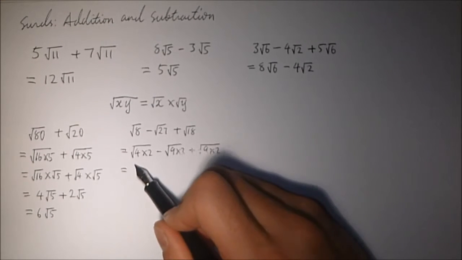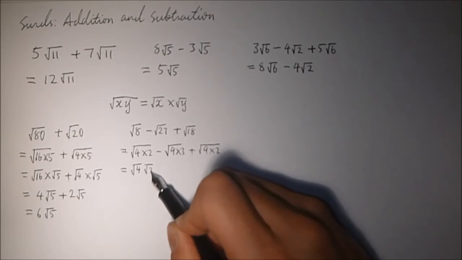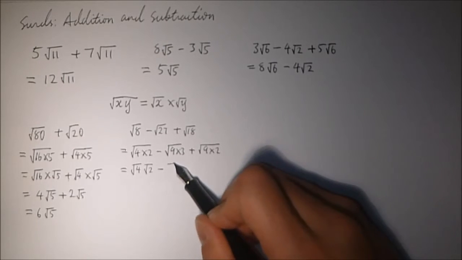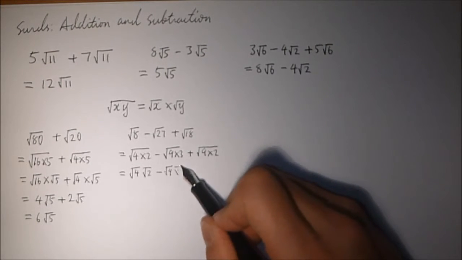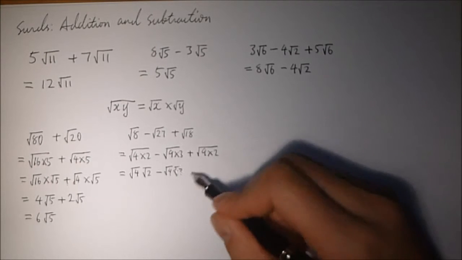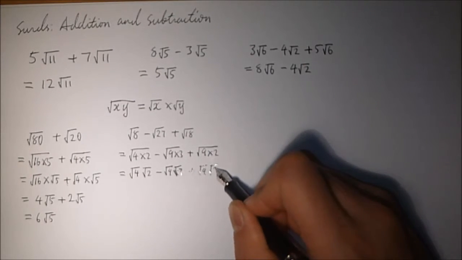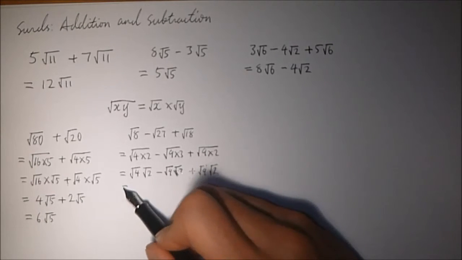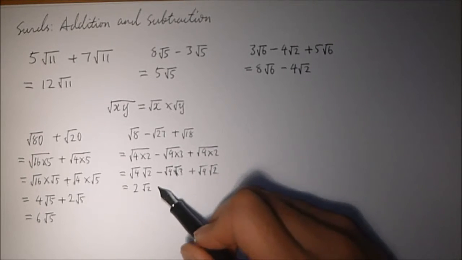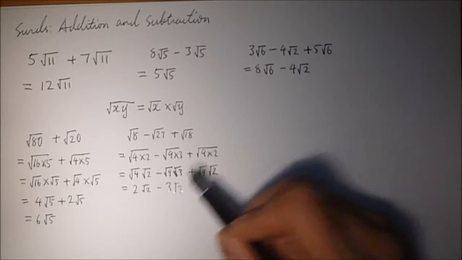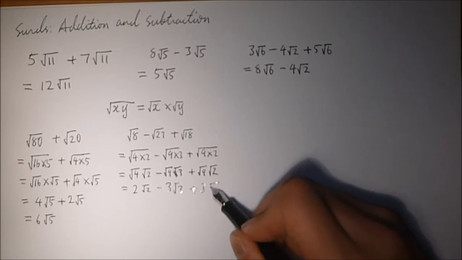So we end up with square root of 4 square root of 2 minus square root of 9 times square root of 3 plus square root of 9 times square root of 2. So 2 square root of 2 minus 3 square root of 3 plus 3 square root of 2.